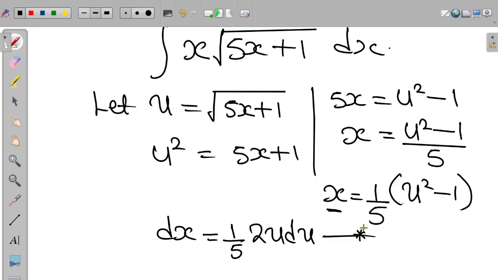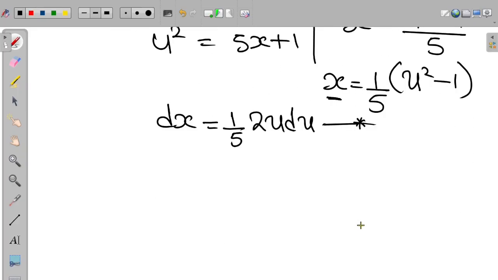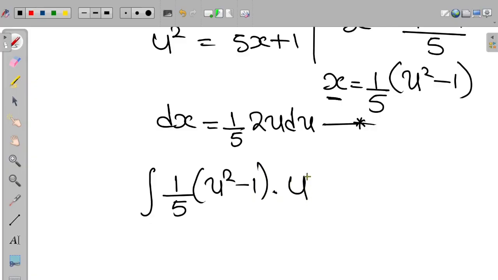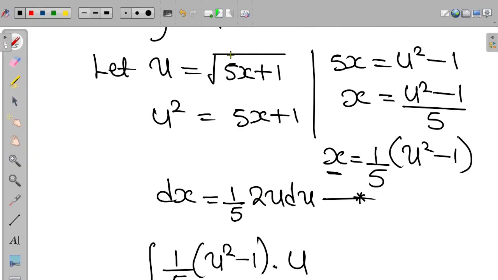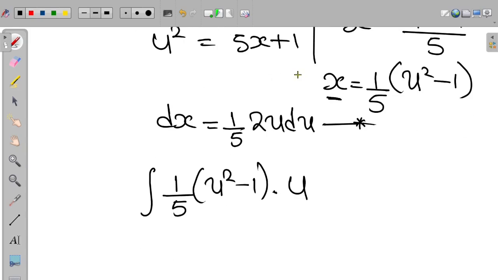So if we now substitute, this becomes the integral of 1 divided by 5 multiplied by u squared minus 1, which is the value of x, multiplied by u, because we say that let u be equal to root of 5x plus 1. And also dx is equal to 2u du divided by 5.